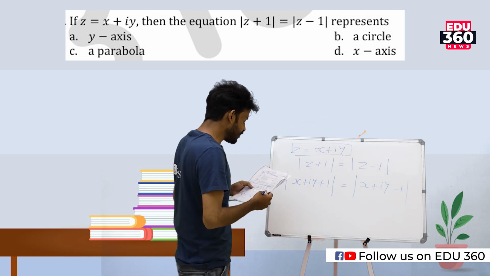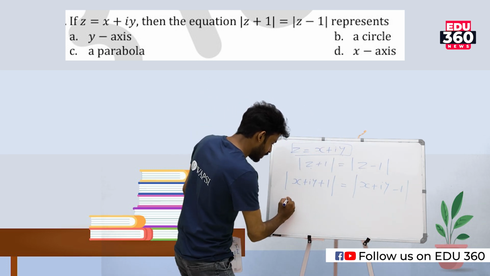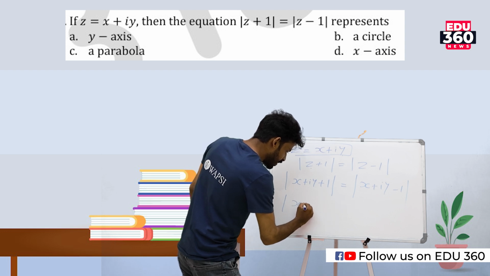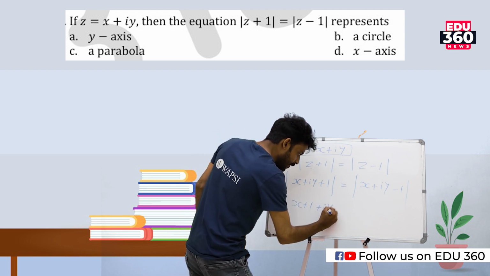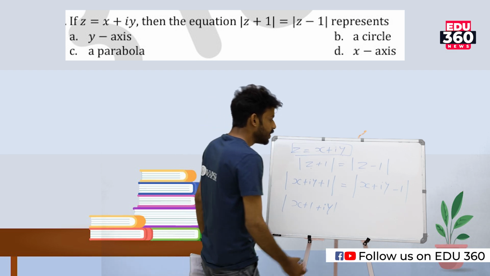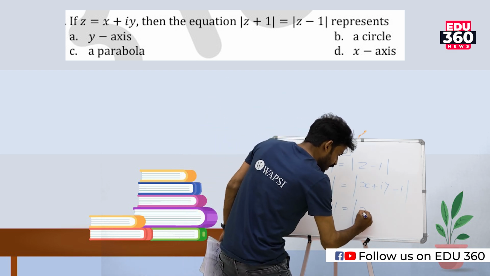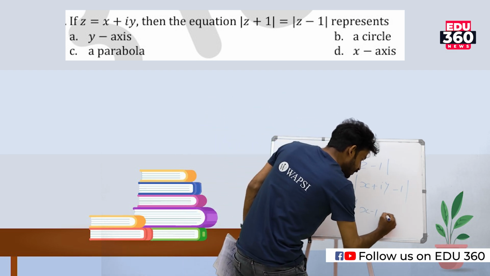In the next step we can write it as modulus of x plus 1 plus iy, just rearranged, that is equal to modulus of x minus 1 plus iy.